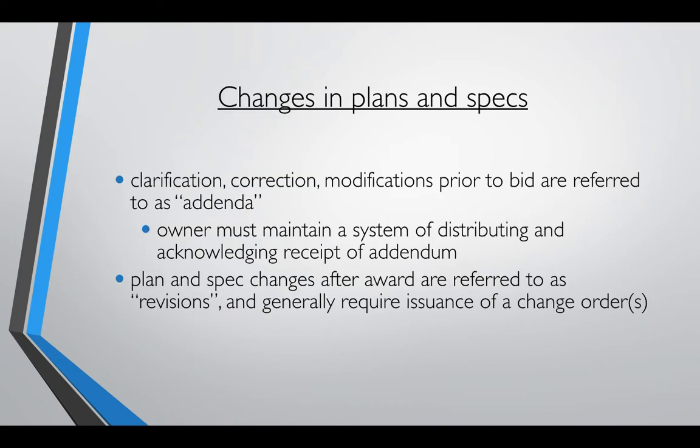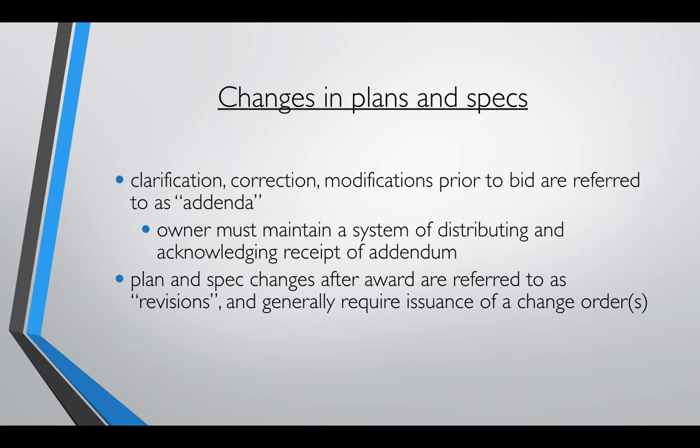If you're going to make any changes in plans and specifications, I'm just going to touch a little bit on this. Clarifications, corrections, and modifications prior to bid, which we went over, are referred to as addenda, or addendums. The owner must maintain a system of distributing and acknowledging receipt of addendums.